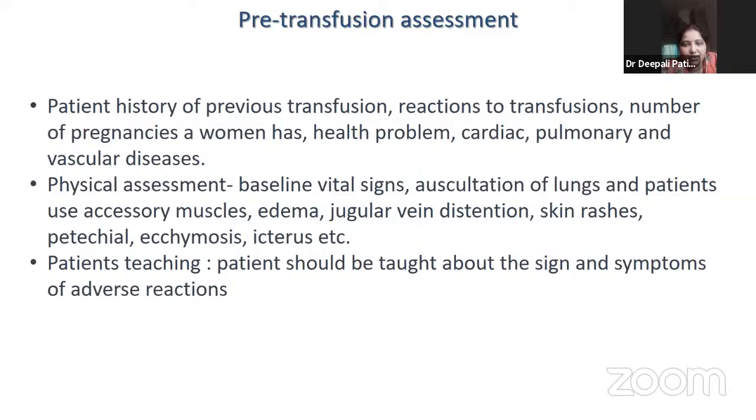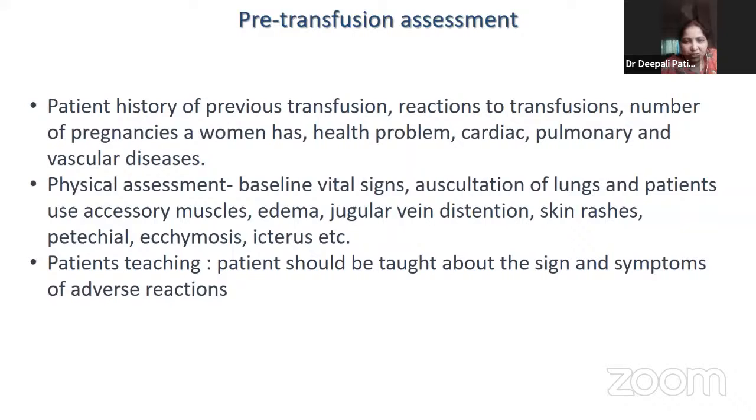rate. In auscultation of lungs, look for any foreign breath sounds, crepitations, etc., which will indicate the functional ability of lungs, and whether the patient is using accessory muscles of respiration. If there is edema and jugular vein distension, then these are the signs of right ventricular failure, which is also called cor pulmonale due to lung diseases.